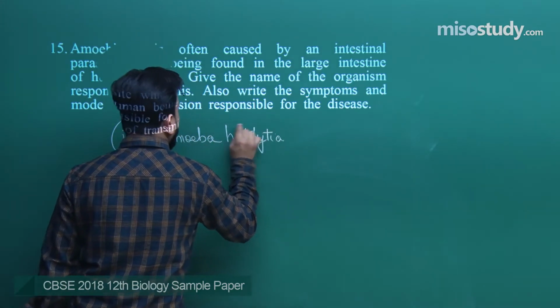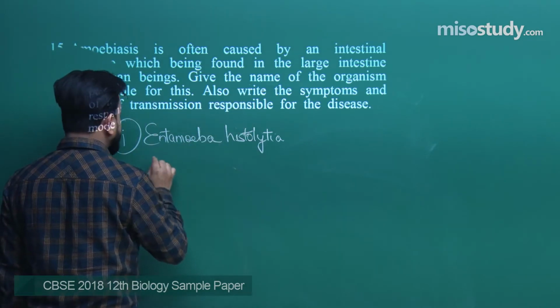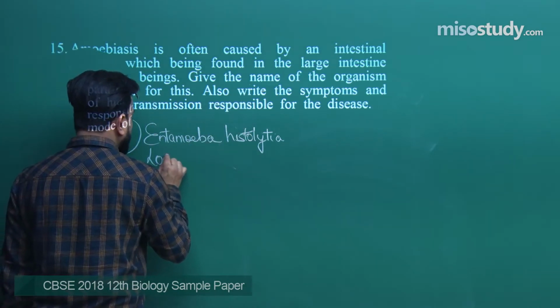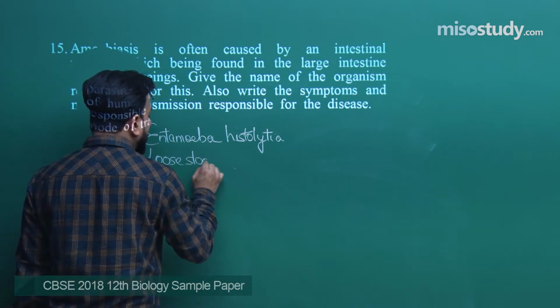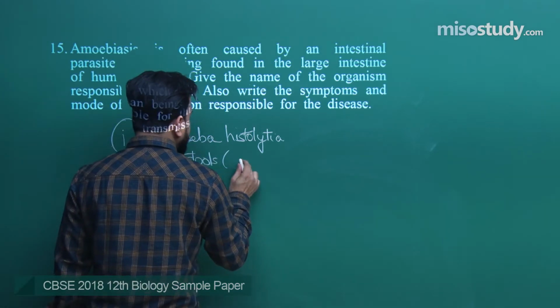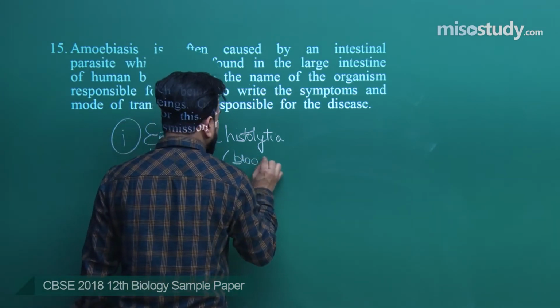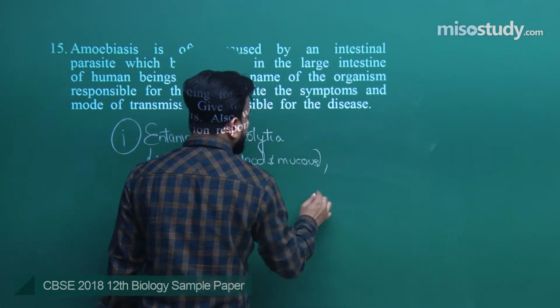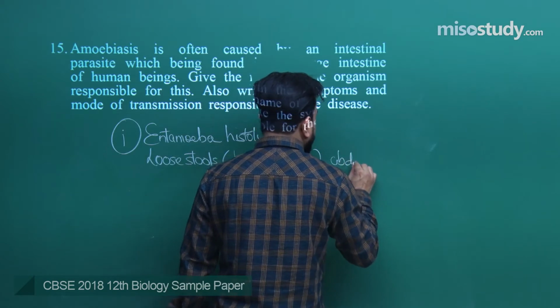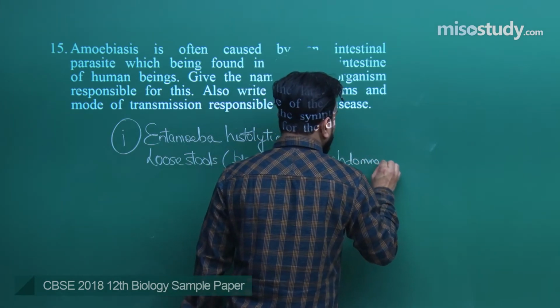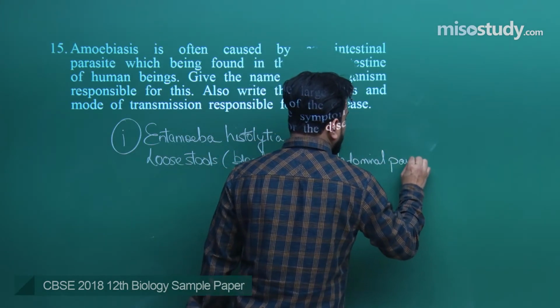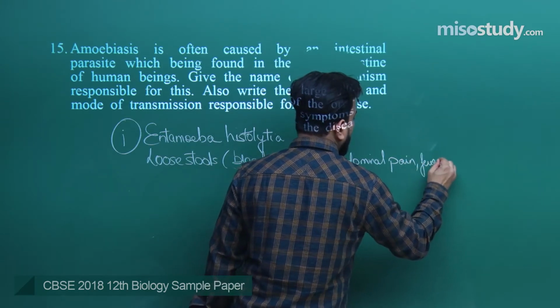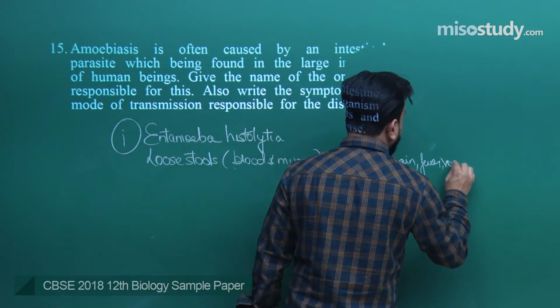The second will be what? The symptoms: loose stools, or you can also write diarrhea, okay? Blood and mucus. Then you can write abdominal pain, fever and vomiting.